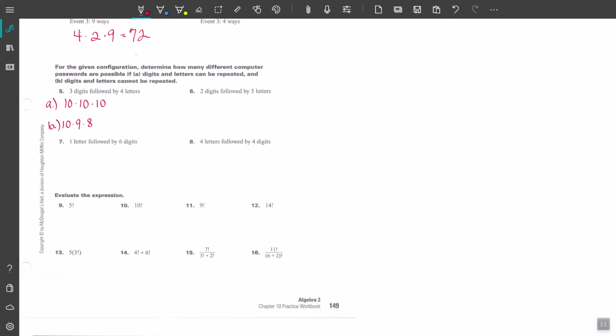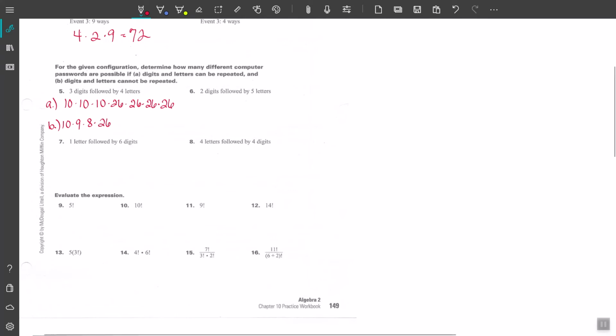All right, then let's go back up to scenario A. We have 4 letters that we have to pick, and we can repeat them in scenario A. There are 26 letters in the alphabet, so every time we have to choose a letter, we have 26 options. But down here in scenario B, we cannot repeat.